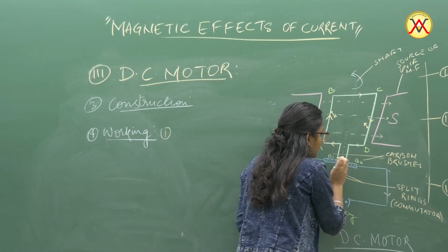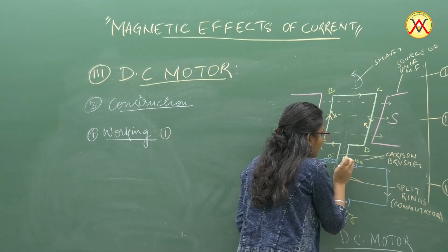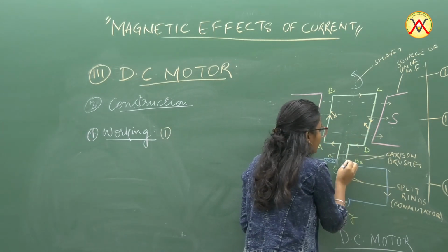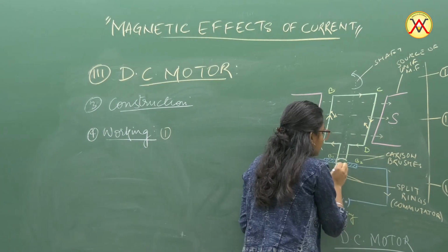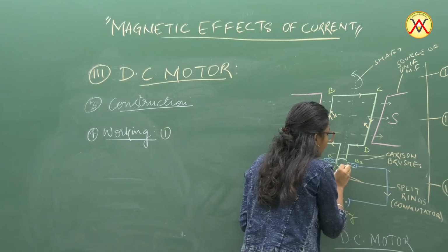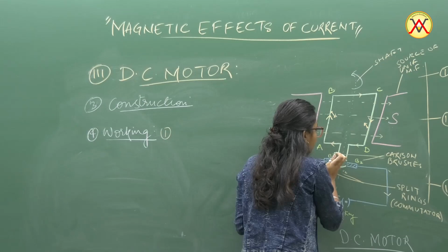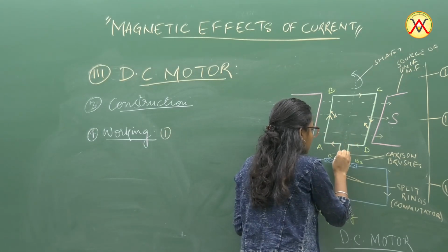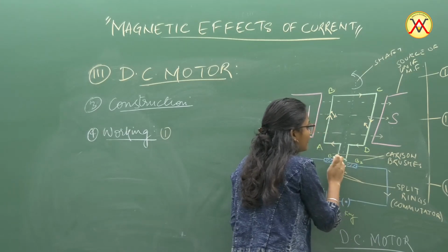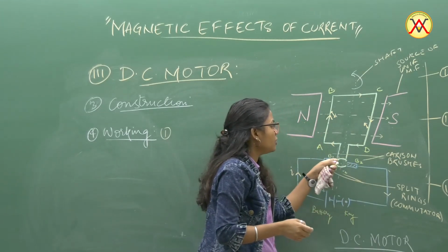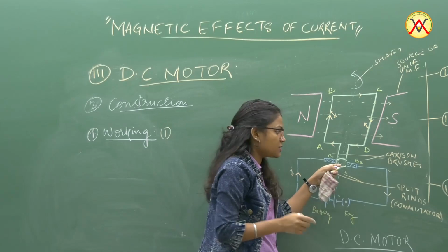The split ring, after 1/4 rotation, will be like this, and this split ring will be like this. So ultimately, the split rings have lost the contact with our carbon brushes.